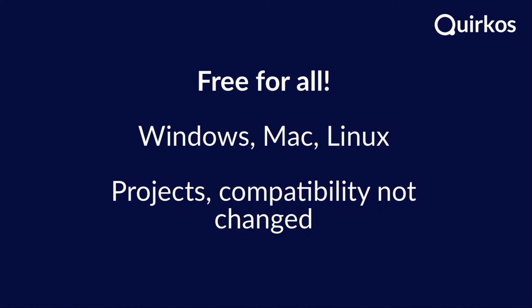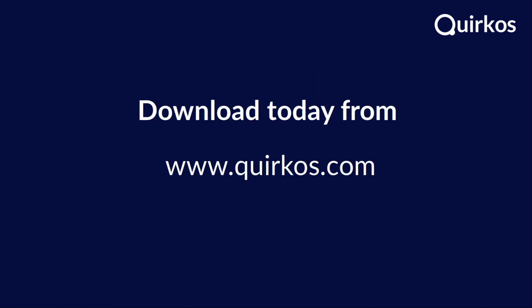If you're collaborating with people using the old version, it's no problem at all. We always maintain backward compatibility as well, so no problem if you've got other people who didn't get a chance to update yet. So you can download the update from Quirkos.com. Very easy to install, and then you should be able to take advantage of all these new benefits in the new version of Quirkos.